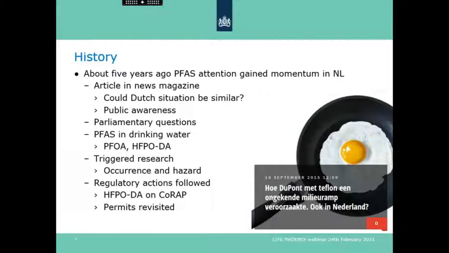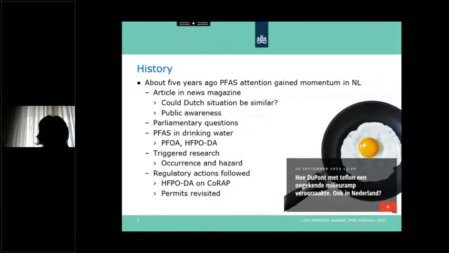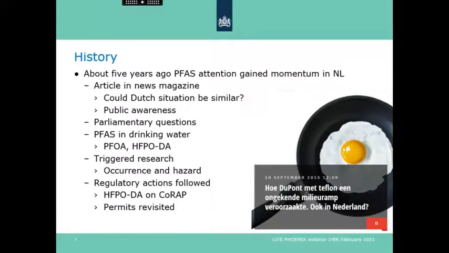So then PFAS was indeed detected in the area of the production facility, and this was especially PFOA, used in the past for the production of Teflon, and later on also the AFPO-DA, well known as GenX, which was the replacement chemical for PFOA for the production of Teflon.